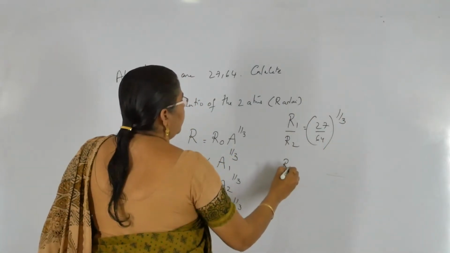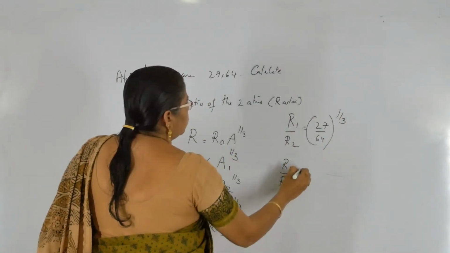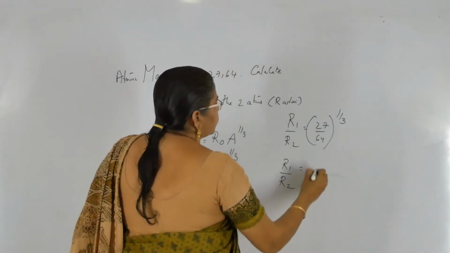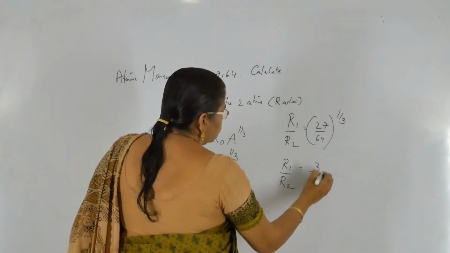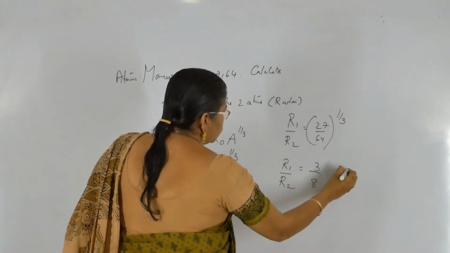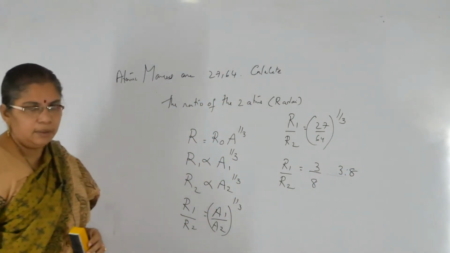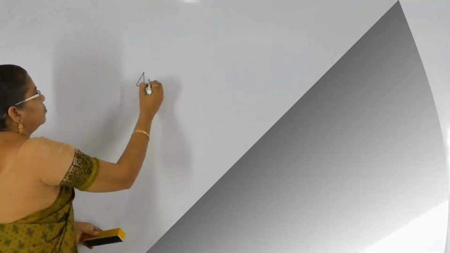So r1 by r2 is equal to A1 upon A2 whole power 1 by 3, which is 27 by 64 whole power 1 by 3. The cube roots give 3 by 4. So the ratio is 3:4. So this is a problem on the ratio of atomic radii.